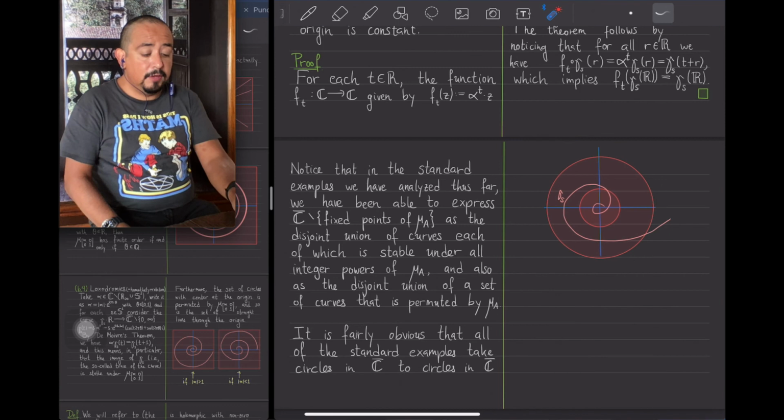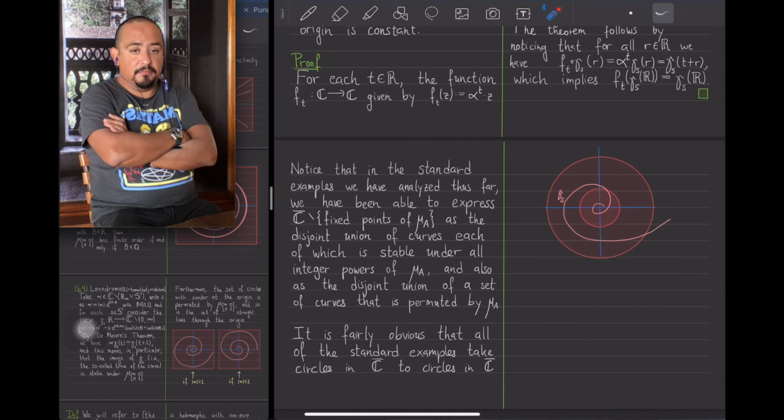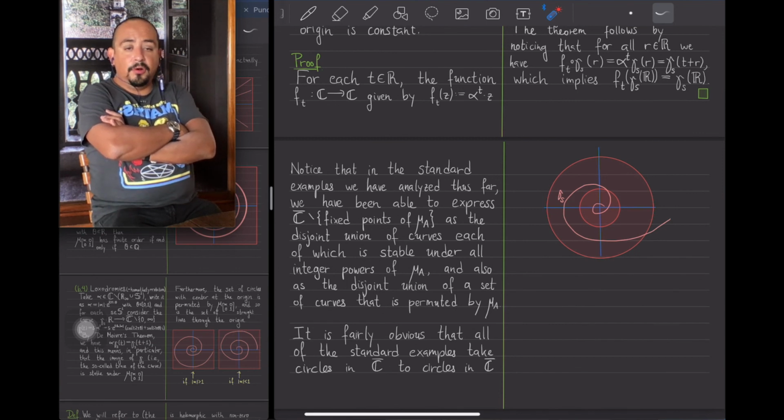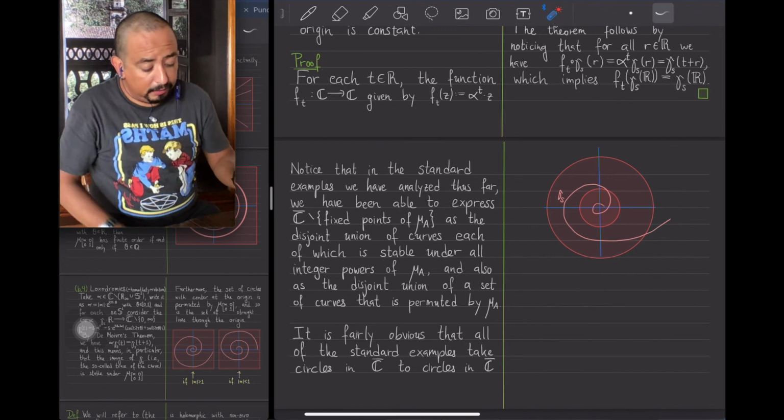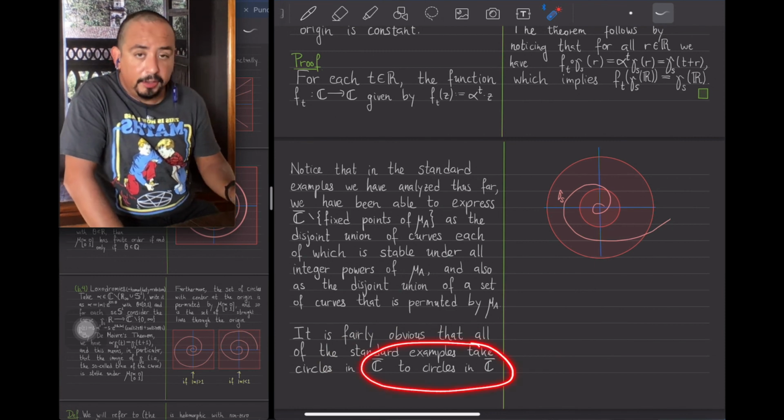So even if the circles are not centered at the origin, the image of any circle in C is a circle in C bar. It doesn't matter whether the original circle is centered at the origin or not. And also the image of a set of the form straight line union infinity is also a circle in C bar. And this is obvious in the examples we have seen so far, and will be very, very useful later on.